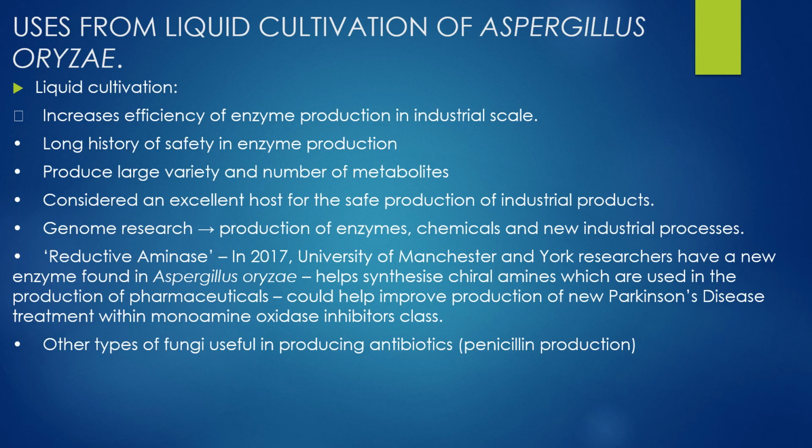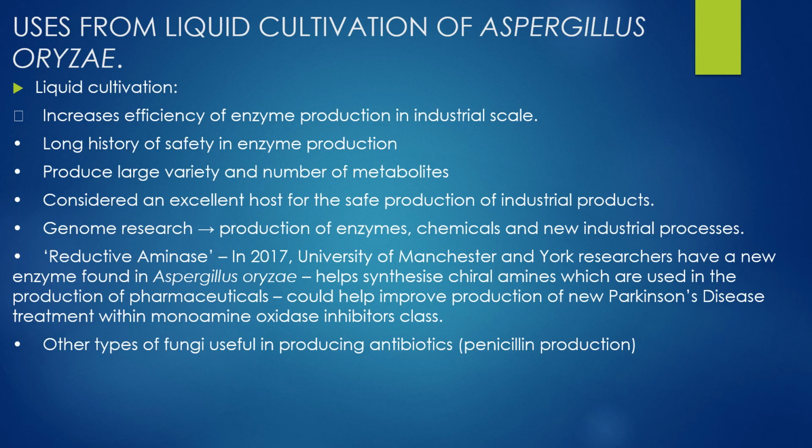Genome research uses the production of enzymes, chemicals, and new industrial processes. In 2017, researchers from the Universities of Manchester and York were able to find a new enzyme in Aspergillus oryzae.